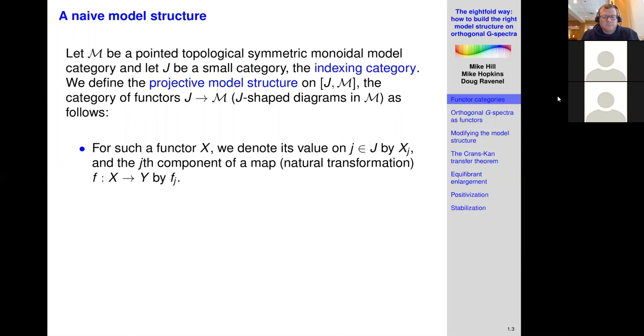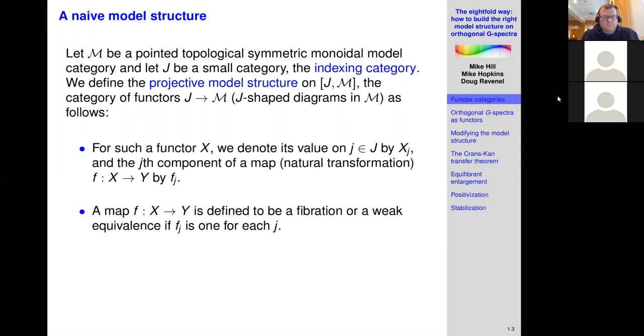If I have a map F from X to Y, I'll denote its jth component by F sub j. Such a map is defined to be a fibration or a weak equivalence if each of its components is one. Then cofibrations are defined in terms of lifting properties.